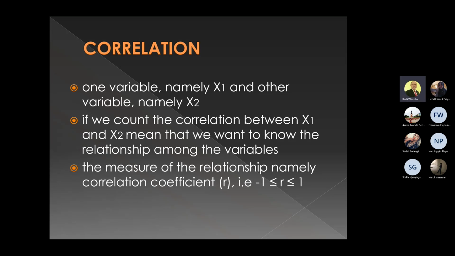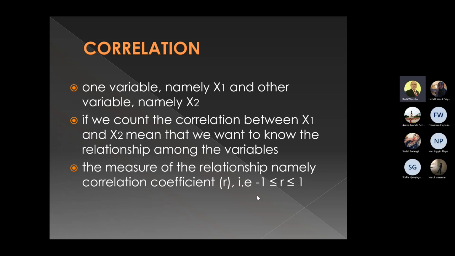Okay, correlation coefficient represents the measurement of a relationship between two variables, symbolized by R. And the value of R is between -1 and 1.